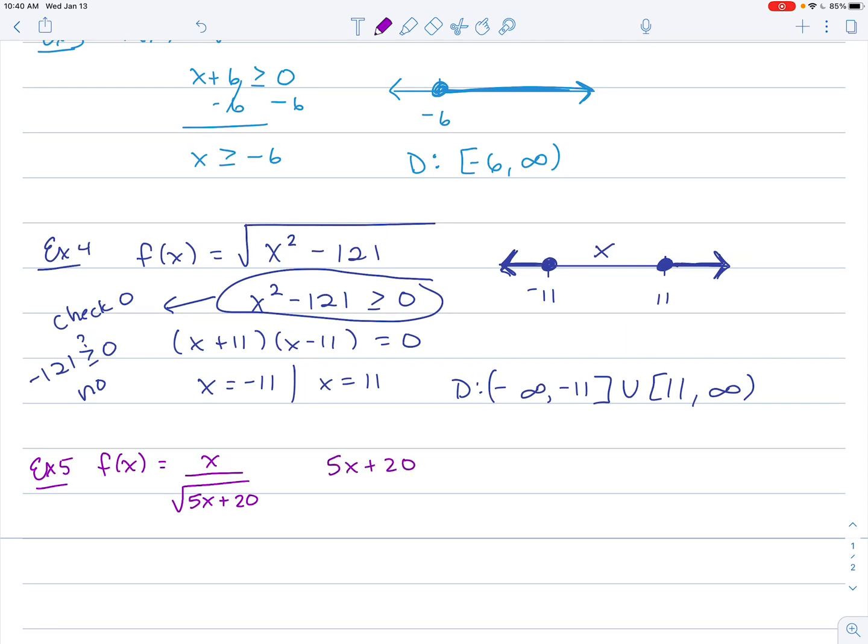So you would do 5x plus 20 is just greater than 0, not greater than or equal to, because it can't equal 0. And then you solve that inequality. Oh, that's a greater than. Divide by 5, x would be greater than negative 4, so the domain would be negative 4 to infinity.